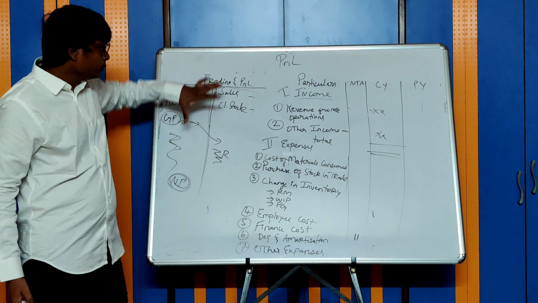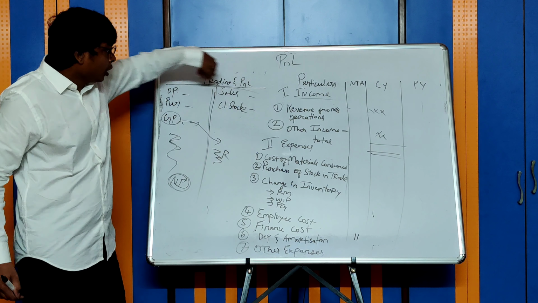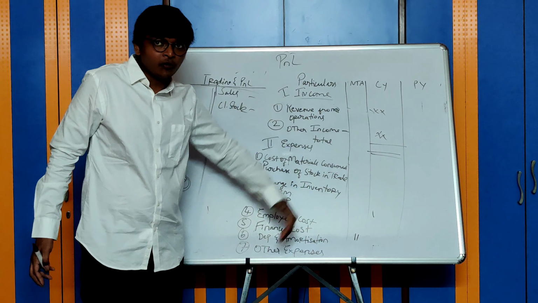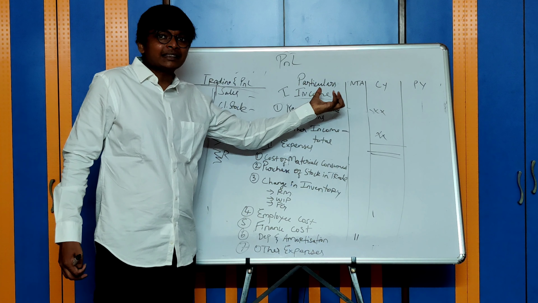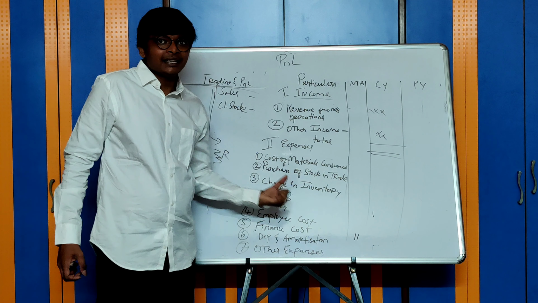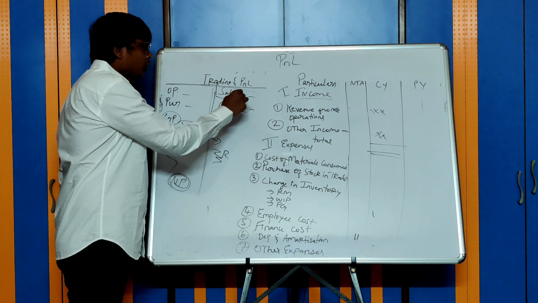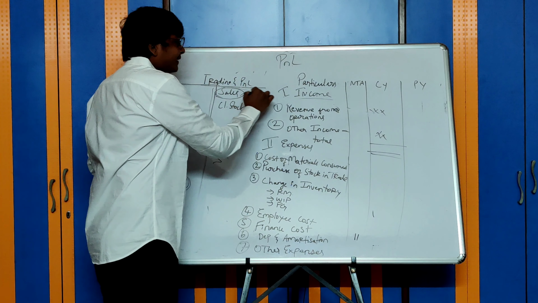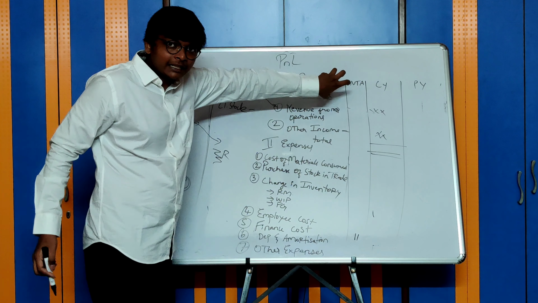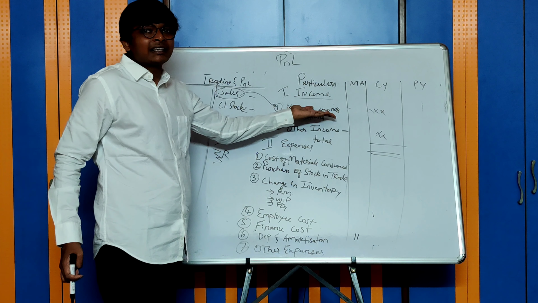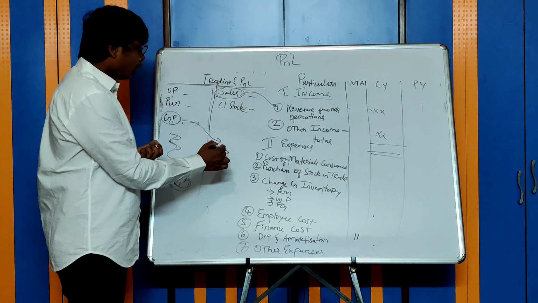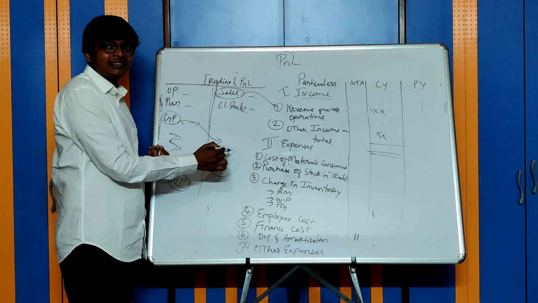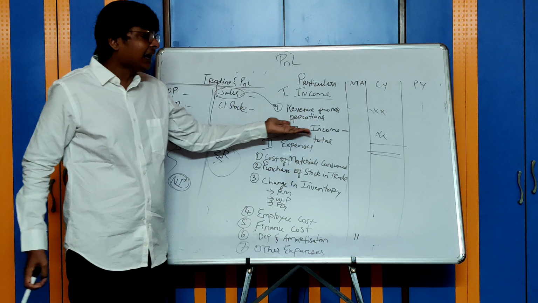Now what we will do, we will shift from a traditional horizontal format to a vertical format, where first we will write the income, next we will write the expense. All your sales, your main operational turnover will come under the first bucket, under income, first item, revenue from operations. All your other income like rent, interest will come under other income.